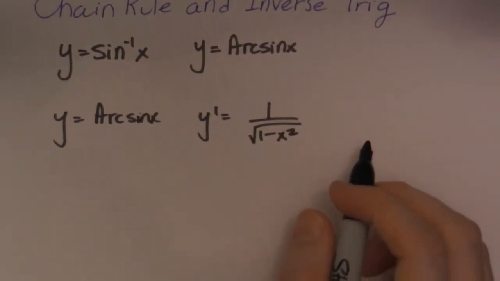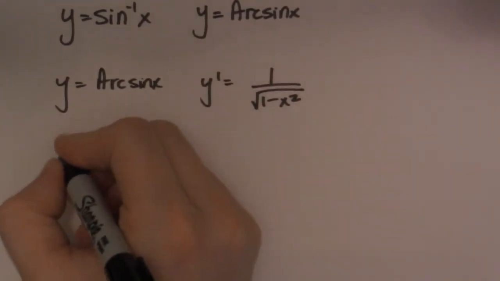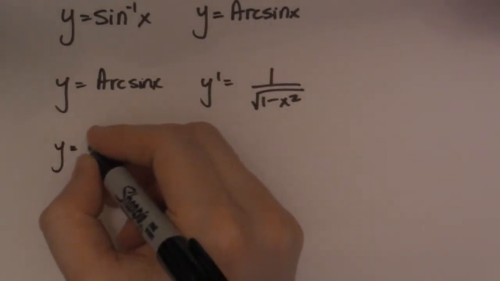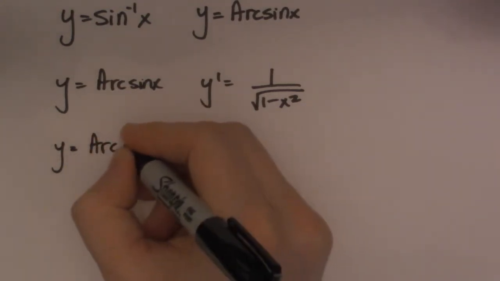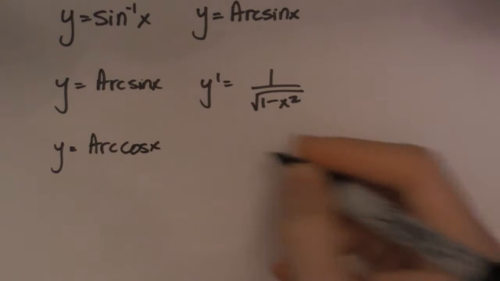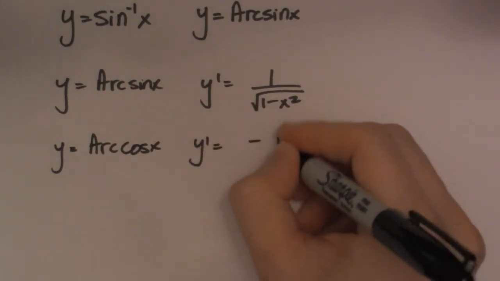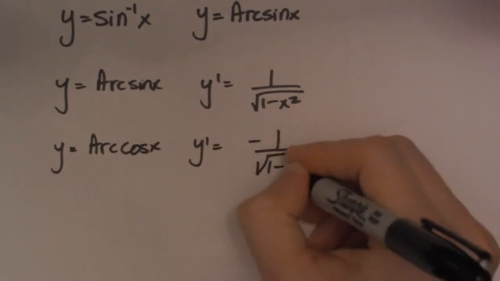If you're still having trouble with them, I'll write a few of them out here. I'll write the main four. The derivative of arc cos of x, y prime, is negative 1 over square root of 1 minus x squared.